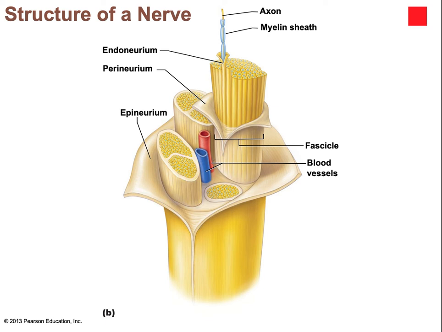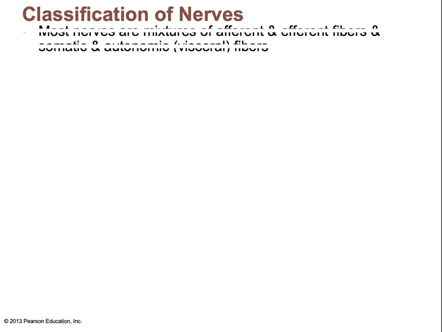Bundles of those fibers, called fascicles, are surrounded by perineurium, and the entire collection of fascicles is surrounded by epineurium. Okay, and these are all connective tissue sheaths that keep the nerve anchored in place and prevent it from buckling, twisting, or kinking. Okay, notice that there's usually a blood supply along with these nerve fibers. Okay? Most nerves are mixes of afferent and efferent fibers and somatic and autonomic fibers.